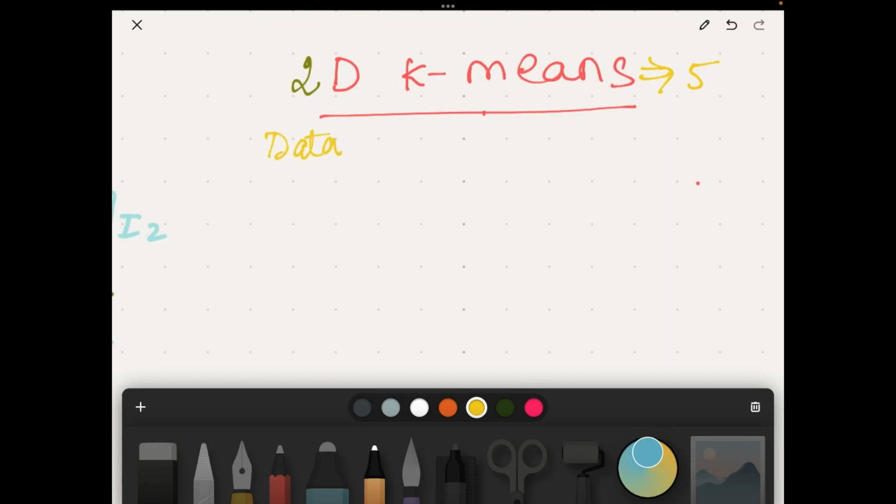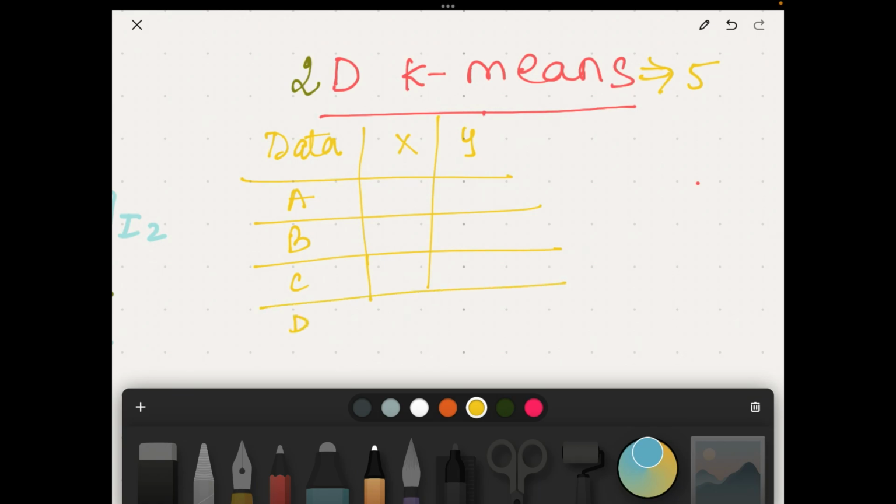So suppose this is the table given to us, data A, B, C and D. Please excuse the entire thing. This is given to you and you have to find the clusters for k equals 2.